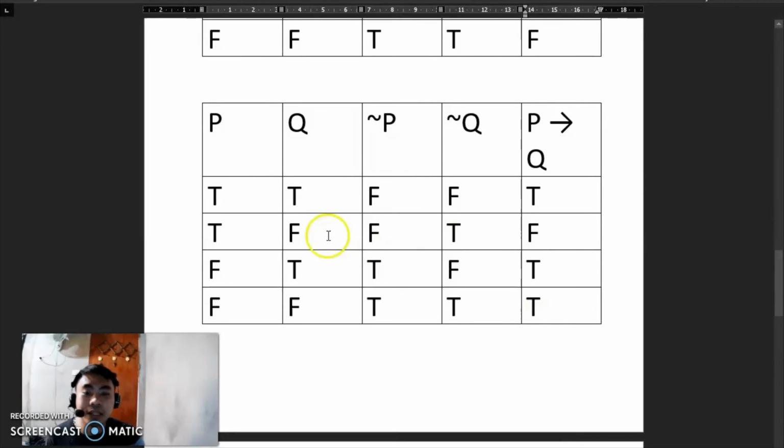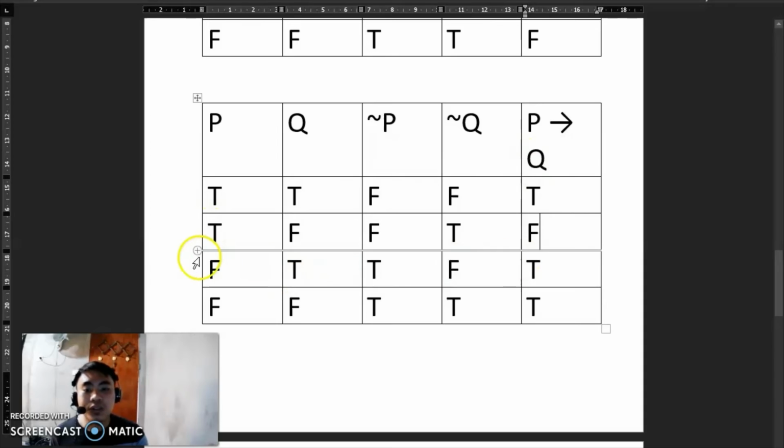Pagdating naman po sa ating conditional, makakakuha tayo ng true kapag parehas silang true, nauna ang false kaysa sa true, at parehas silang false. Saka lang tayo makakakuha ng false kapag nauna ang true kaysa sa false. Dito, we have true, true, ang sagot ay true. True, false, ang sagot ay false.